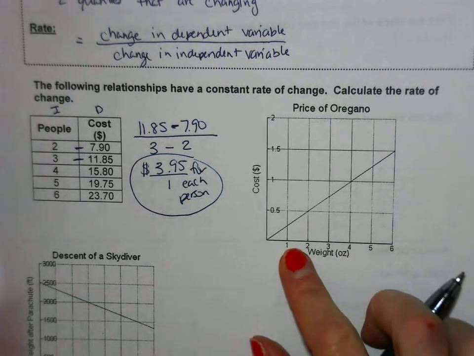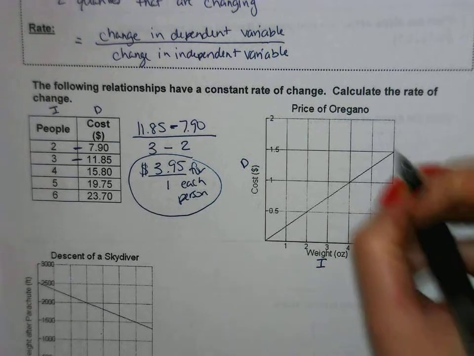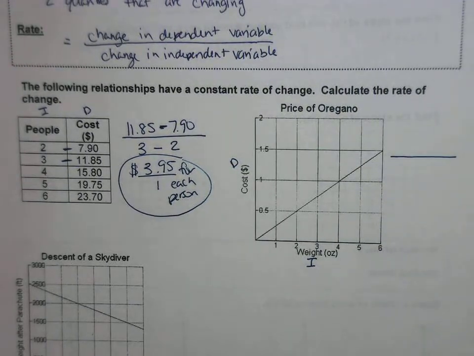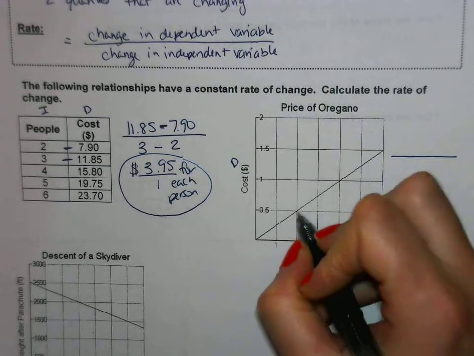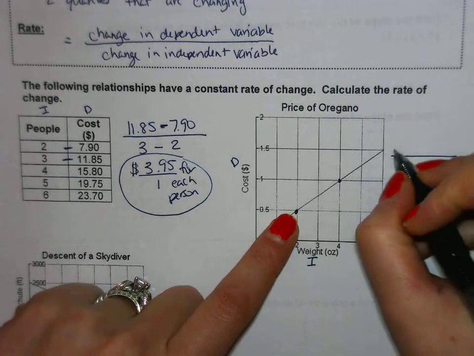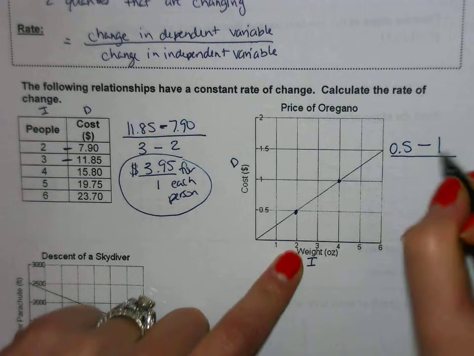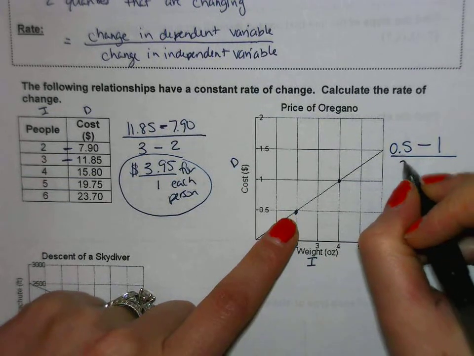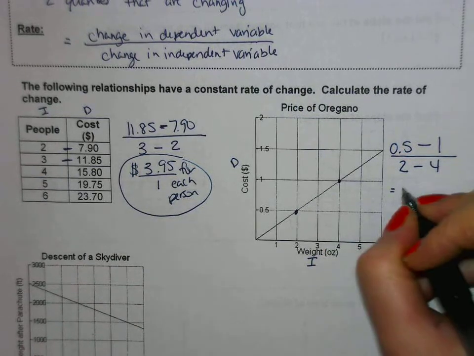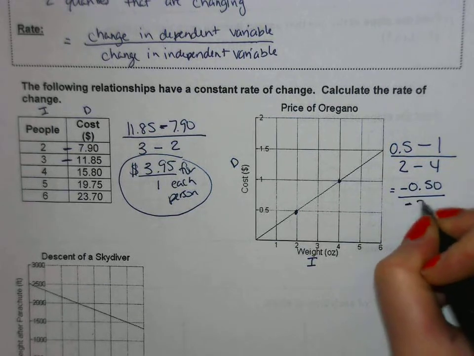So let's look at the rate of change for this. This one is still my independent, this one's my dependent. Let's find 2 points. So here's 1, 2. So when my dependent is 50 cents, subtracted from when it's $1, and my weight is 2, versus when my weight is 4, we're going to have negative 50 cents. 2 minus 4 is a negative 2.